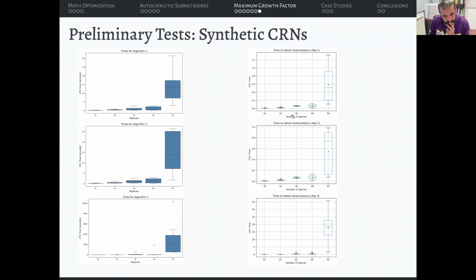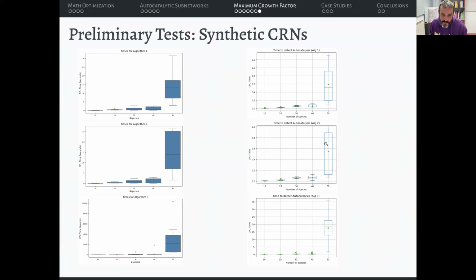And we represent here the time to find for the first time a maximum growth factor greater than one, which means the first time we find an autocatalytic subnetwork in our process. In the first approach, which was easy even for the whole process, in 0.5 seconds we find the first autocatalytic subnetwork.